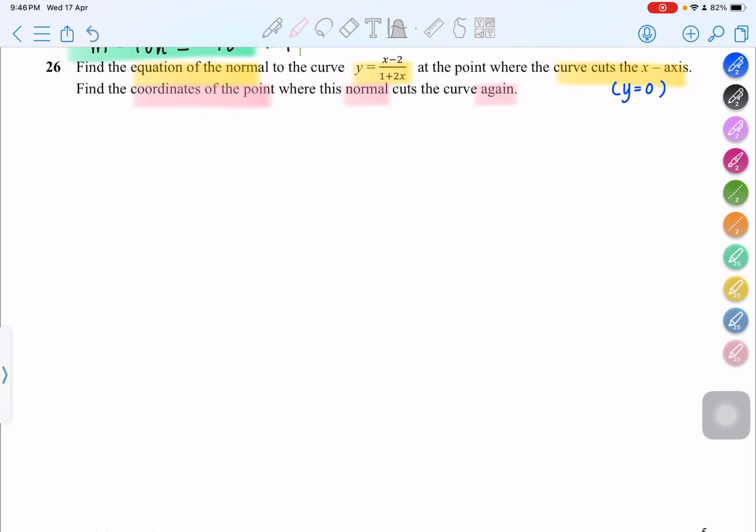We look at the first part of the question first, which I highlighted in yellow. When we need to find the equation of the normal, there are two criteria we need to fulfill. First, we need a point that it cuts through.